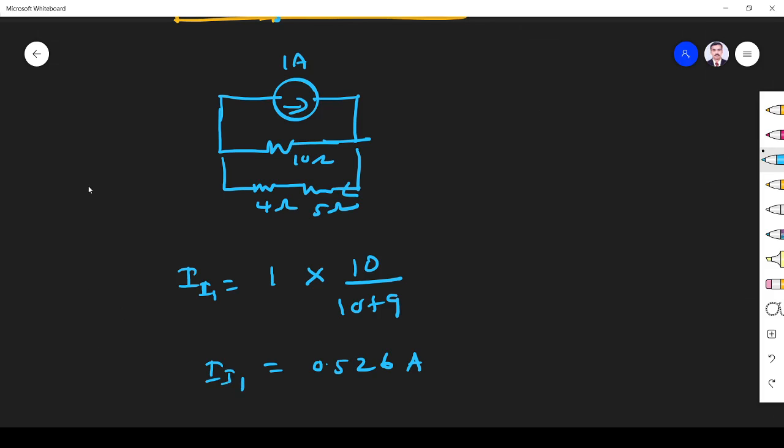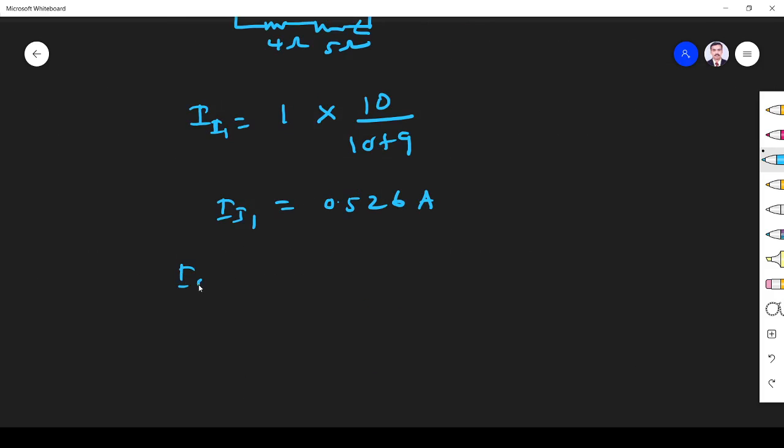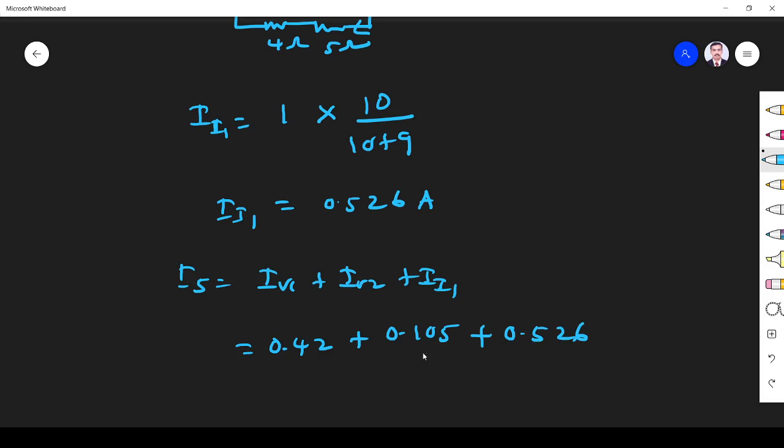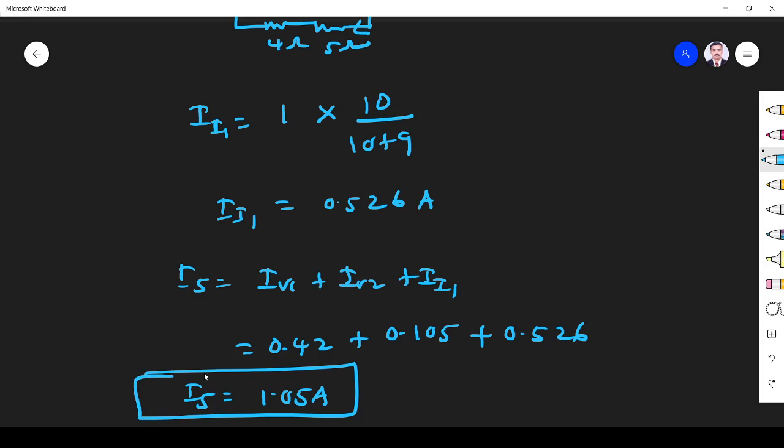So the total current through the 5 ohm resistor is I due to V1 plus I due to V2 plus I due to I1, that is 0.42 plus 0.105 plus 0.526. So I5 is equal to 1.05 amp. Right? So this is a simple problem, but lengthy only, but the problem is very simple. Right?